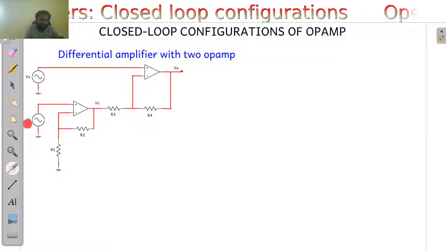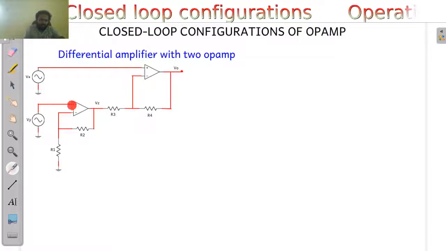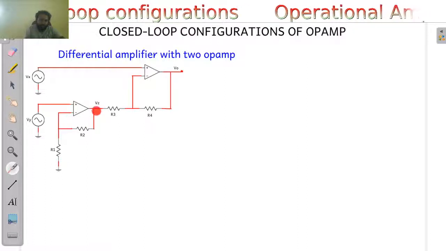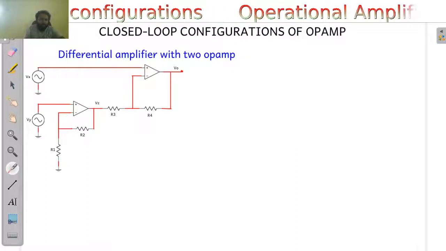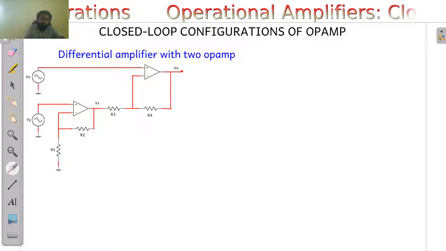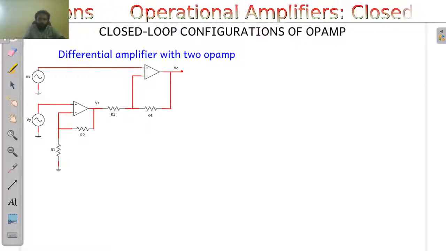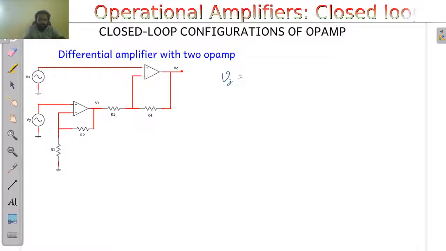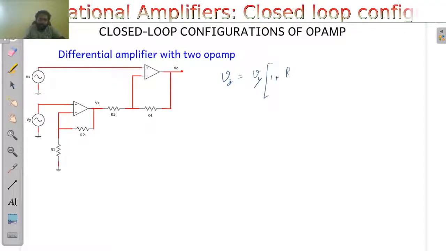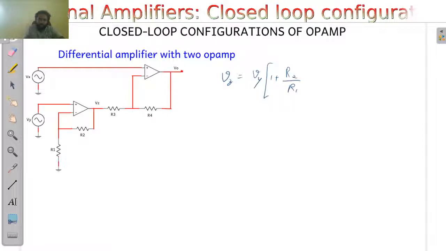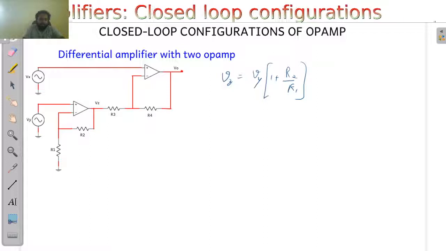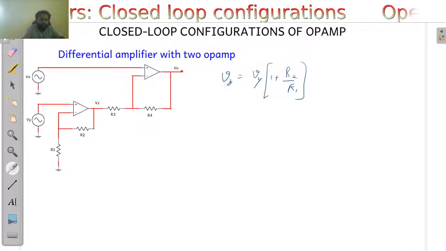The Vy source is connected to the non-inverting terminal, and the inverting terminal is given the feedback from the output. So what is the output of this individual operational amplifier, Vz? Vz is equal to Vy times 1 plus R2 by R1, and that is the voltage at this point.